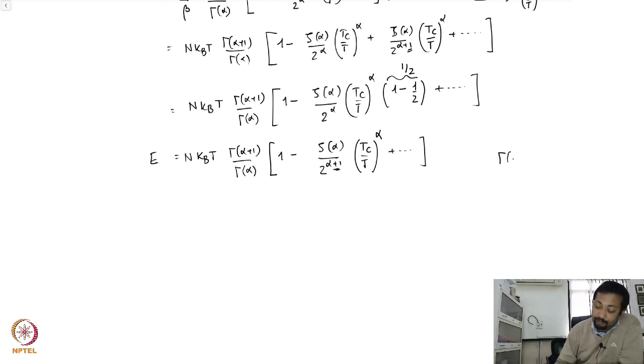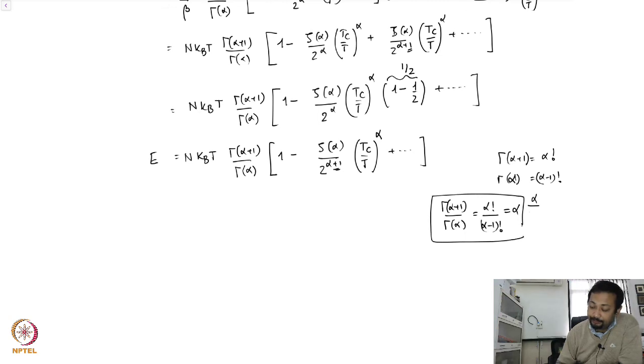Now gamma alpha plus 1 is alpha factorial, gamma alpha is alpha minus 1 factorial. So this ratio of gamma alpha plus 1 divided by gamma alpha is alpha factorial divided by alpha minus 1 factorial, which is just plain alpha.